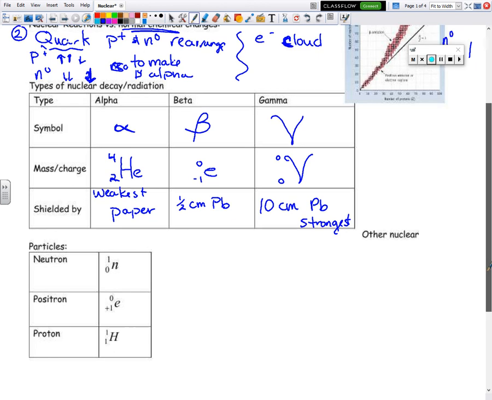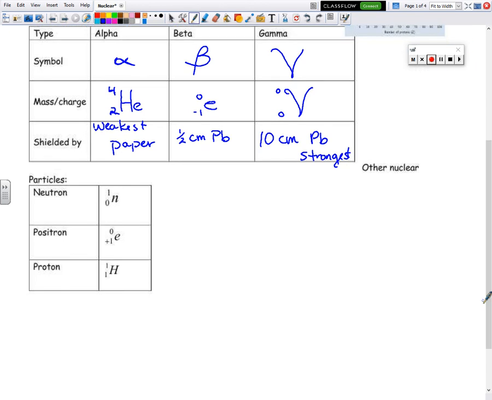Okay, so other nuclear particles. A neutron, obviously, we know that neutrons have no charge and a mass of 1. So the neutron makes sense. A positron does not. A positron is a positive electron.